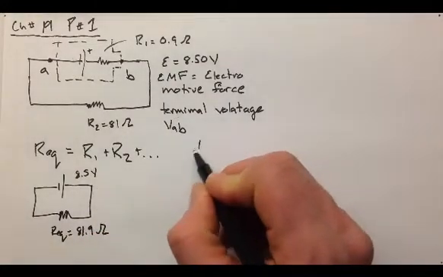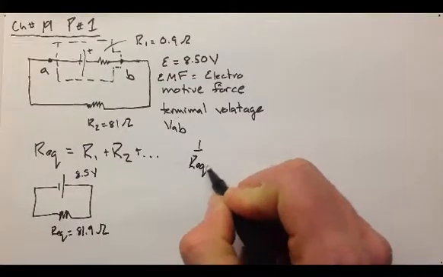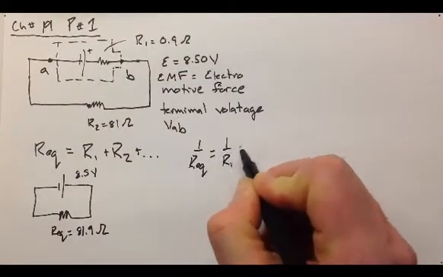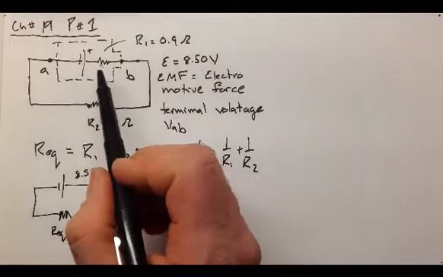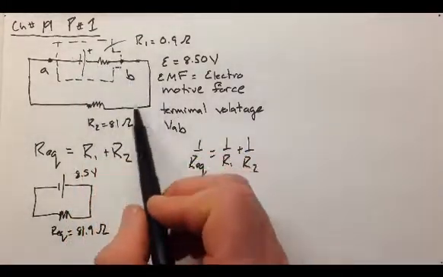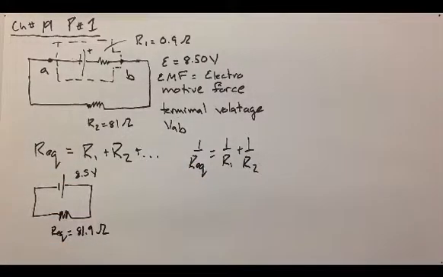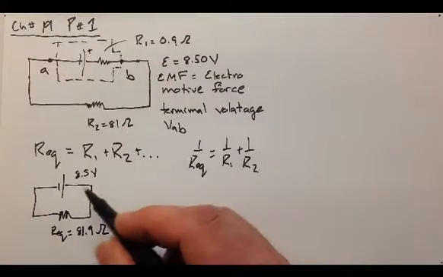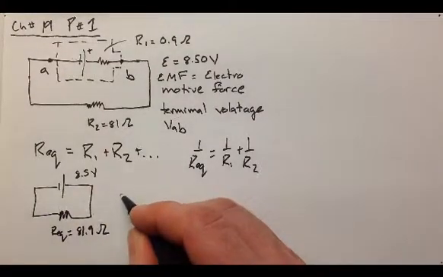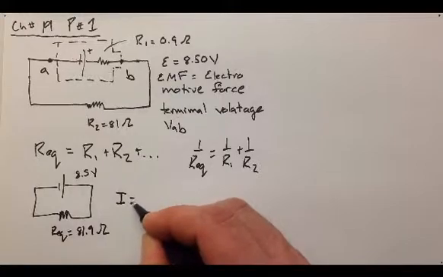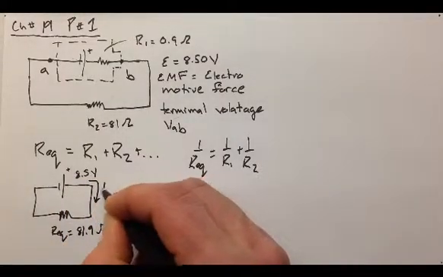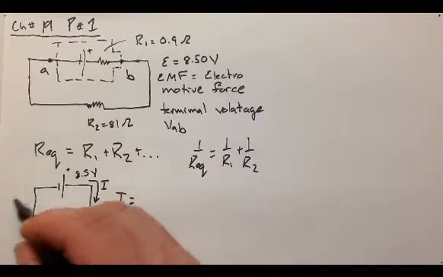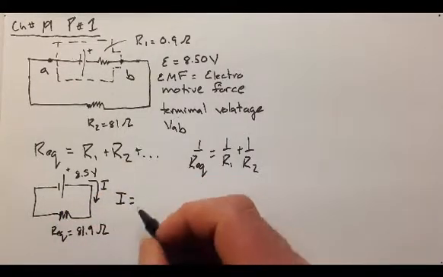The formula for resistors in parallel is the inverse of that formula. Remember, with resistors in series, the current goes through one resistor and then the other. There's only one path for the electricity to go through. Okay, so let's calculate the current coming out of the battery here. Remember, current leaves the positive terminal and goes into the negative terminal.